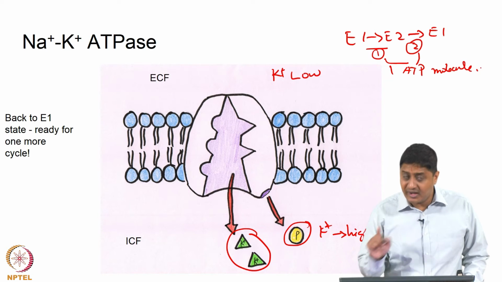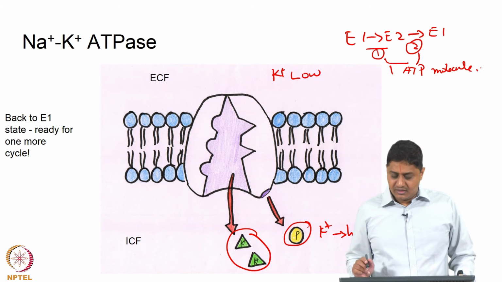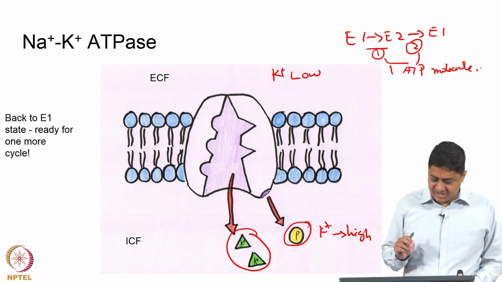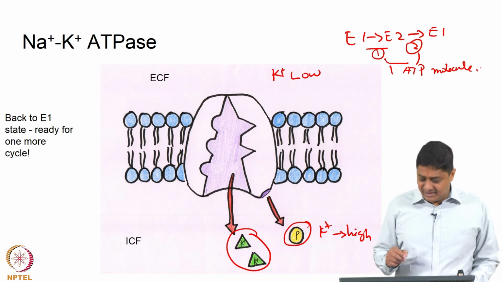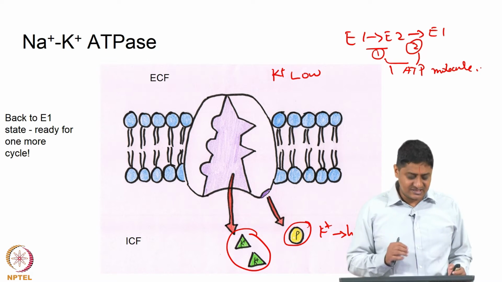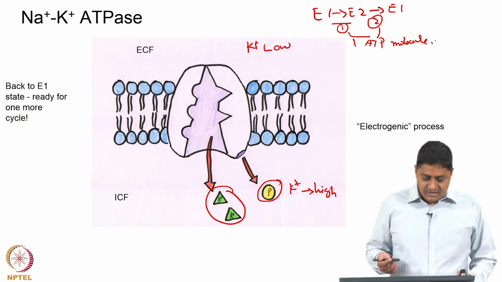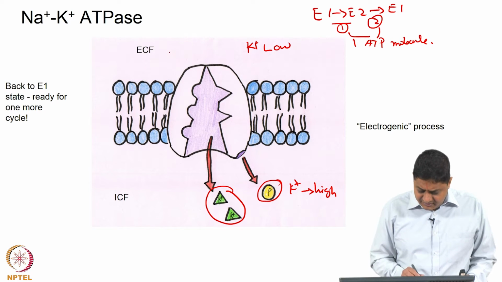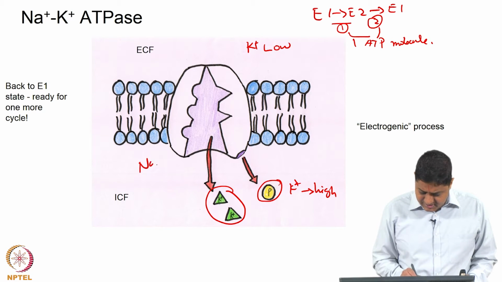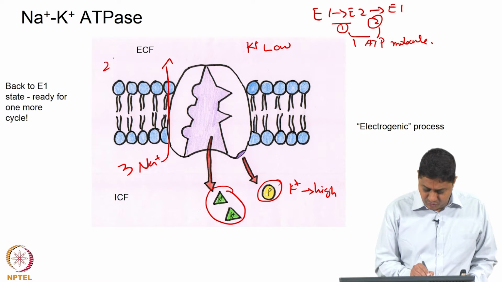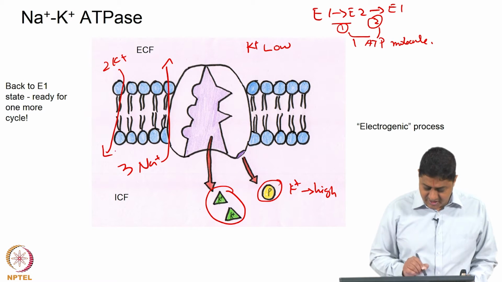At the expense of 1 ATP molecule, this enzyme undergoes 2 conformational changes, thus transporting sodium and potassium against their concentration gradient. Also note, 3 sodium ions are transported from this side to that side, and 2 potassium ions are transported in the other direction.